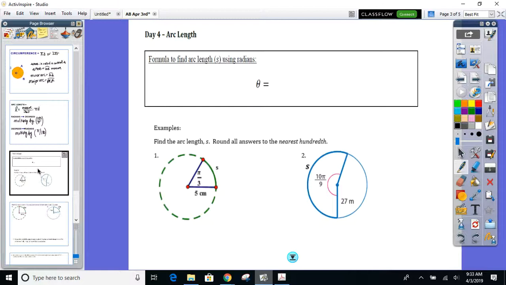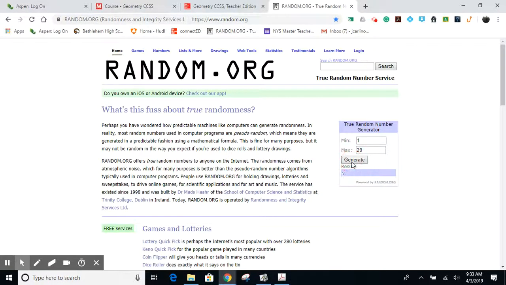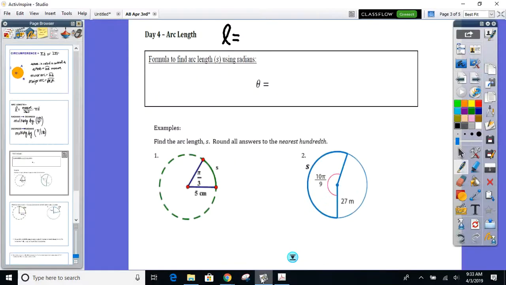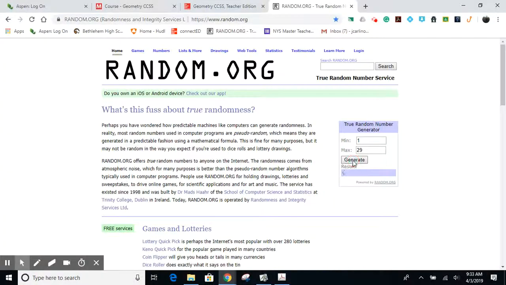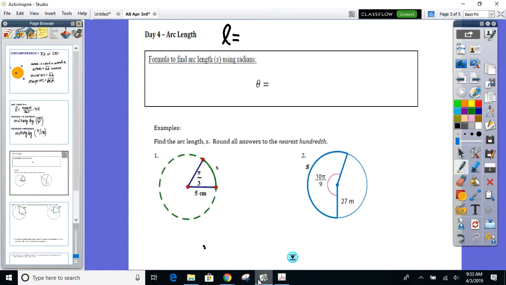What formula did you guys just give me for arc length here? So why are we doing this again?